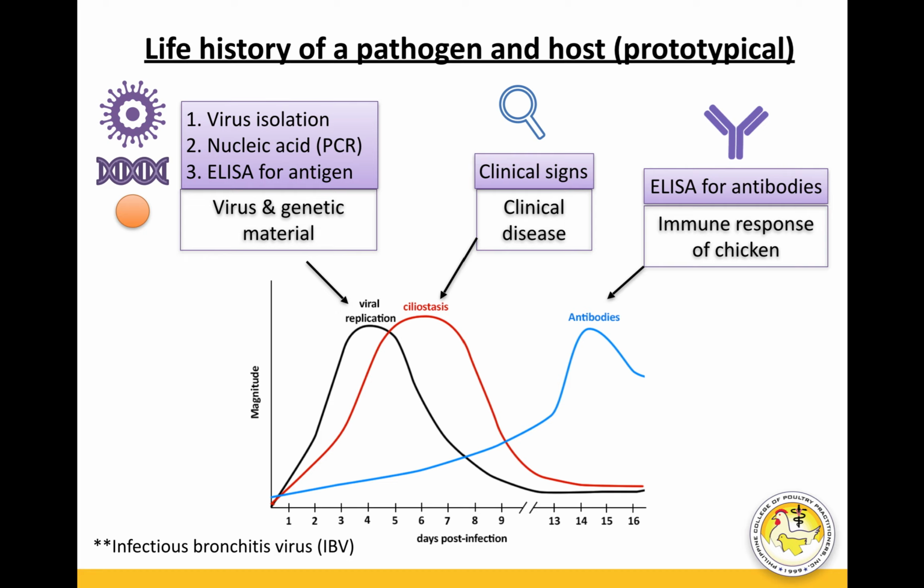And then finally, after 2 weeks, if we use an ELISA to detect antibodies, in other words, antibodies that target bronchitis, that is actually 2 weeks out. So we will probably not be able to use virus isolation or PCR or ELISA for the antigen at this point in the infection cycle. So just to give you an idea of how this all plays out temporally.